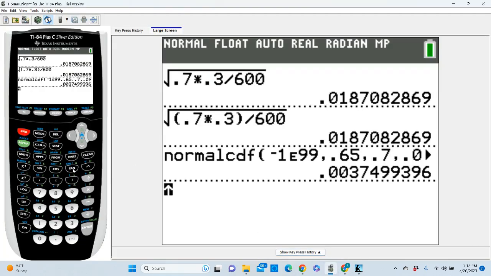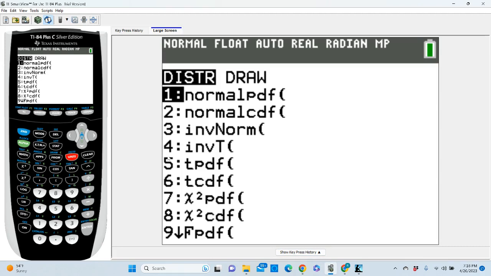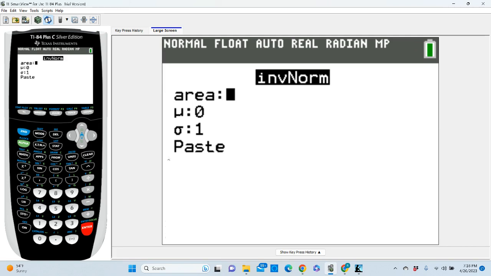But if I hit second distribution, there it is, and I go down to inverse norm, and I want the 95% area to be in the middle. If I got 95 out of the middle, that leaves 2.5 in each tail.